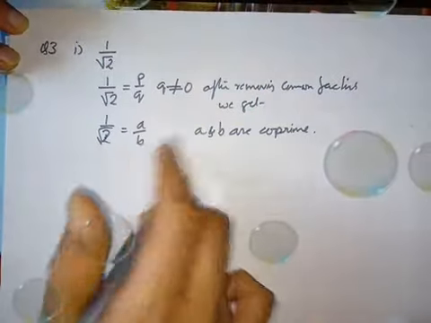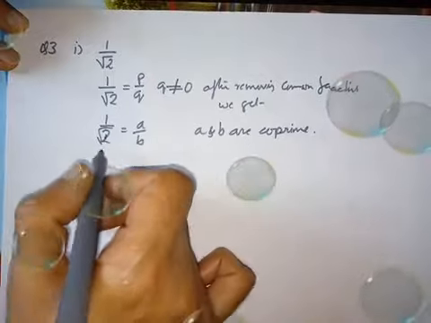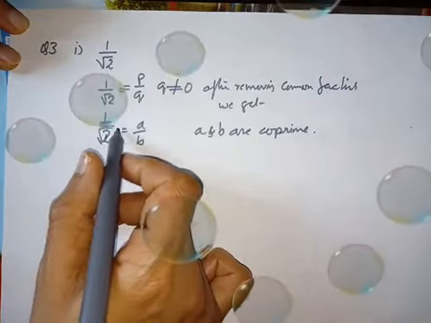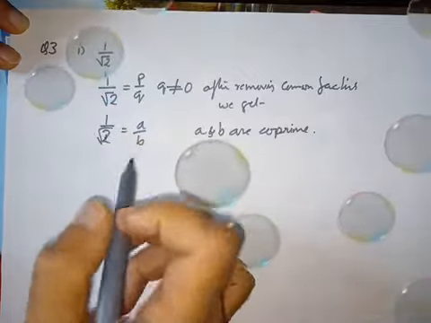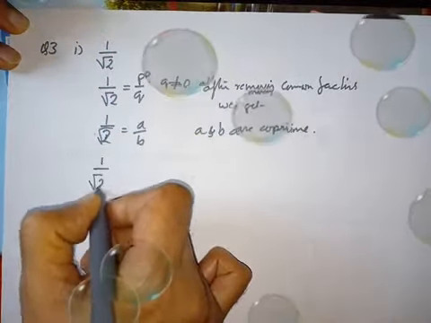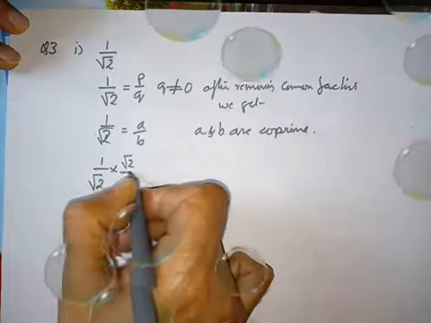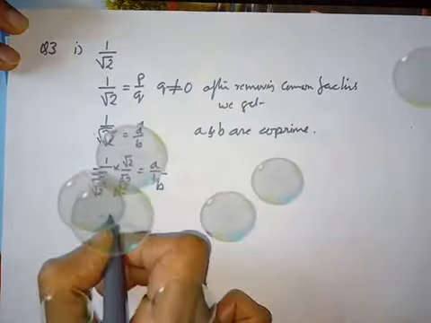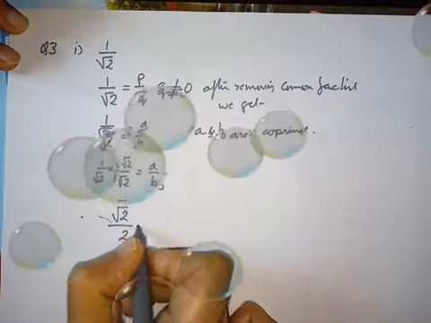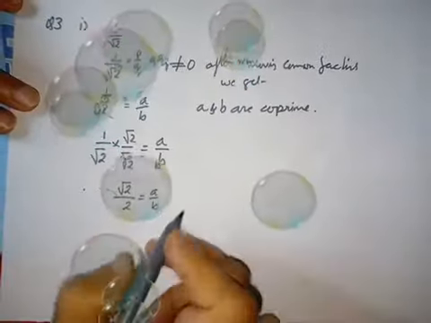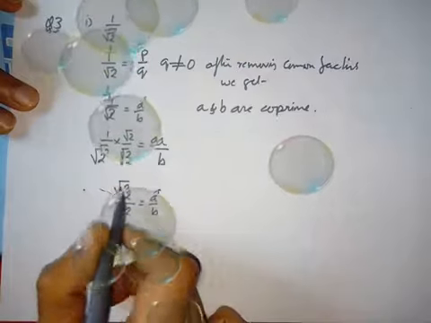Now the right hand side is rational. On the left hand side, we will perform rationalization. We will be rationalizing the denominator. For that, we multiply numerator and denominator by square root of 2. On solving this, the right hand side is rational, and the left hand side is root 2 upon 2.